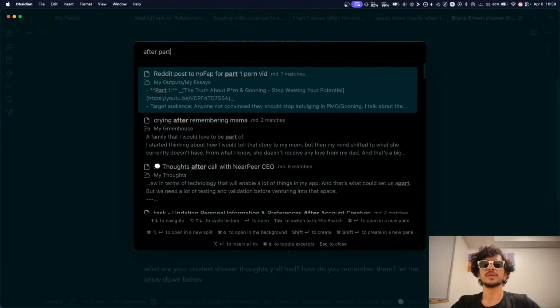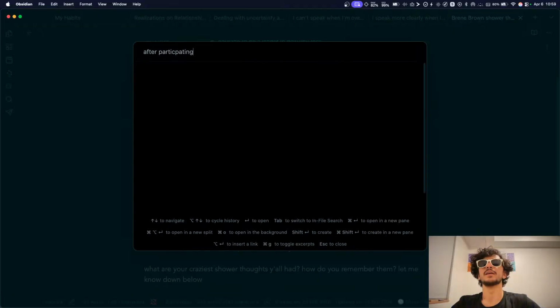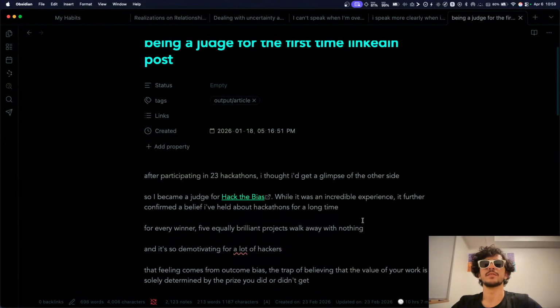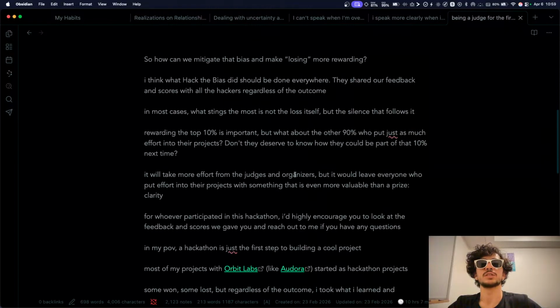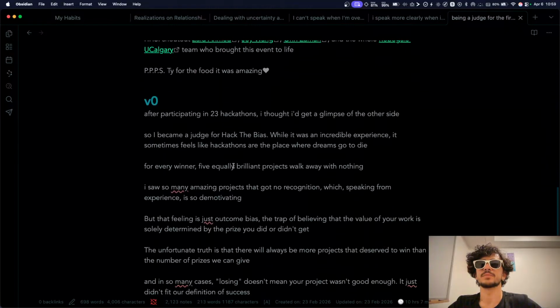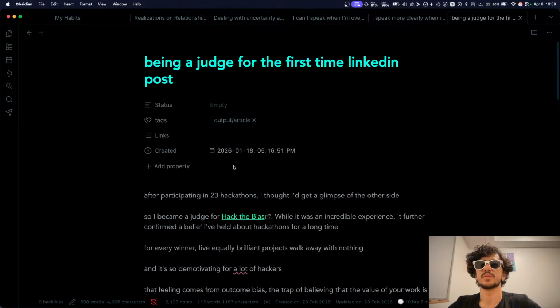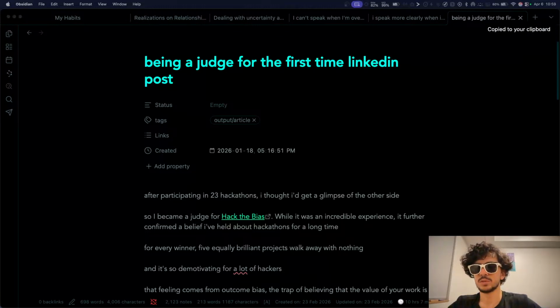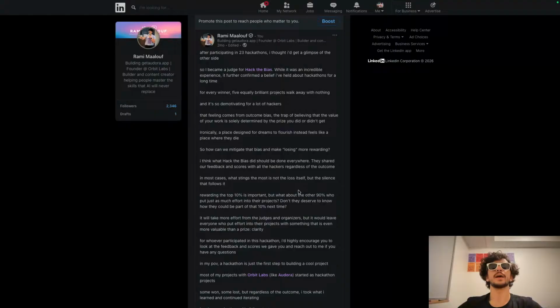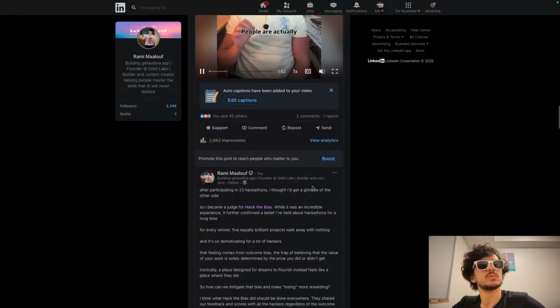After participating, there it is. I thought I'd get a glimpse of the other side. Yeah, let's give it to AI as well. Copy path, system root. Okay, 2 more, or 1 more.